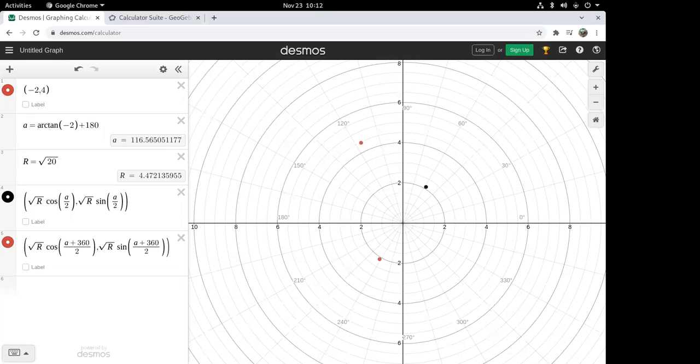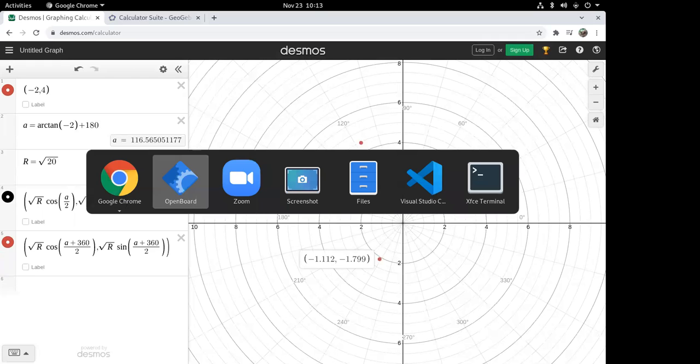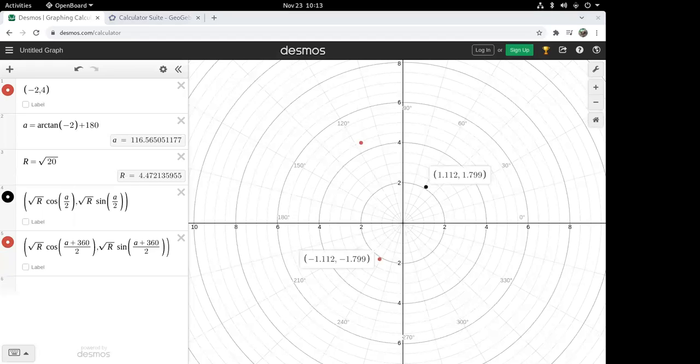So if I click on that, it will show me the exact value of that point right there. And so we get some reflective symmetry going on, the negative 1.12, negative 1.799, positive 1.12, positive 1.799. And so in complex form, if I use just one decimal place each, we get 1.1 and 1.8-ish, approximately.